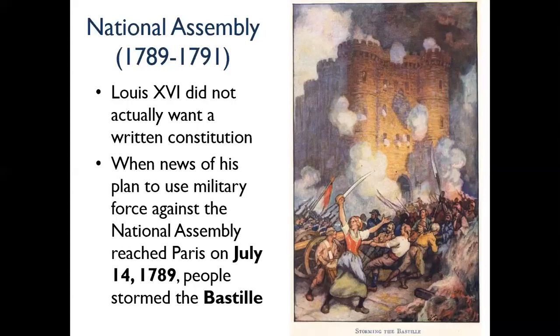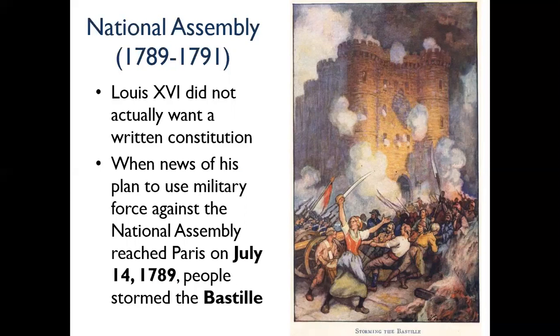Okay. So here, Louis XVI did not want the actual written constitution, so he went into a secret negotiation with Prussia. But when the news of this reached the National Assembly, they voted for war against Prussia and Austria. The Revolutionary War caused lots and lots of loss and economic difficulties.